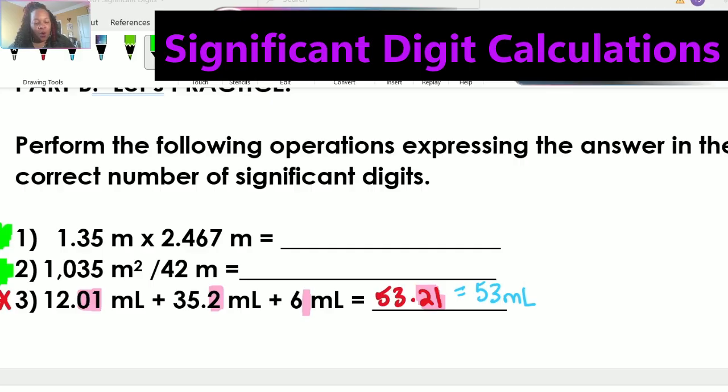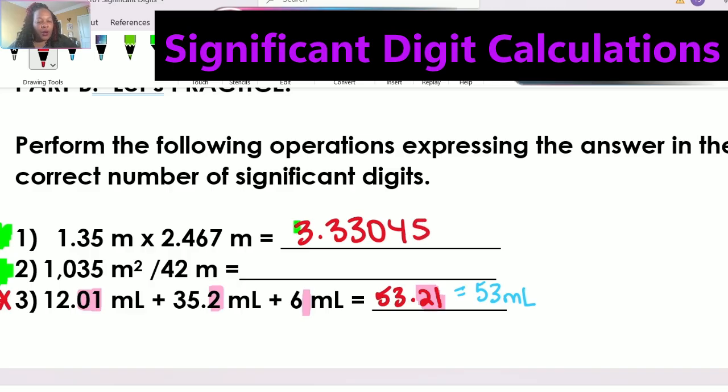So you've got 1.35 times 2.467. Okay, so my calculator gives me 3.33045.